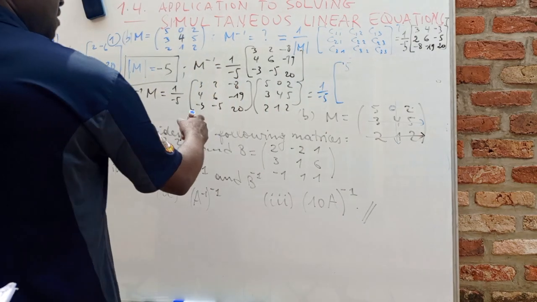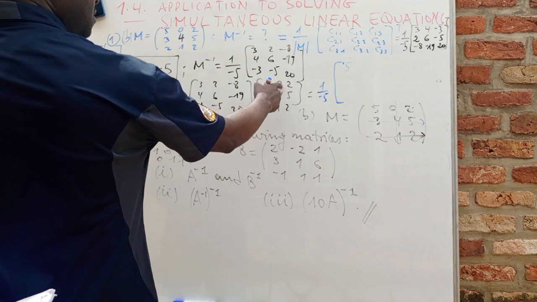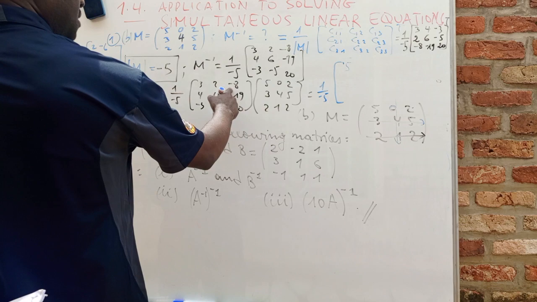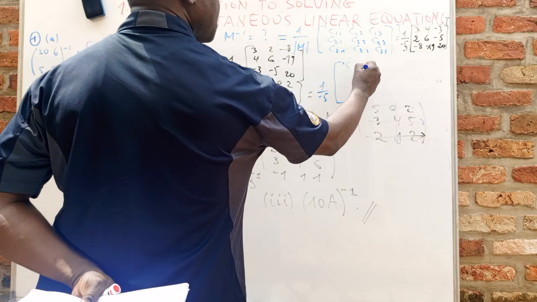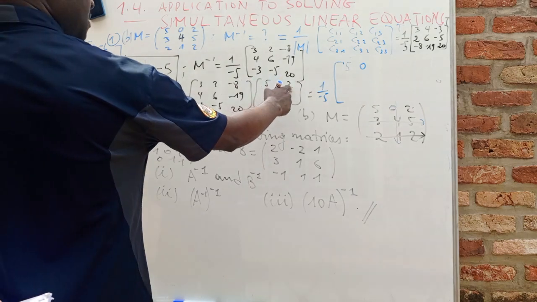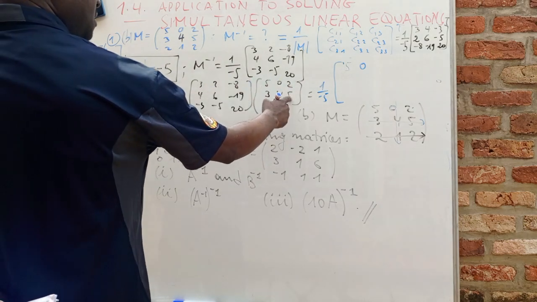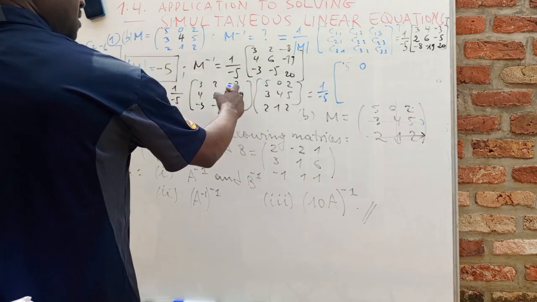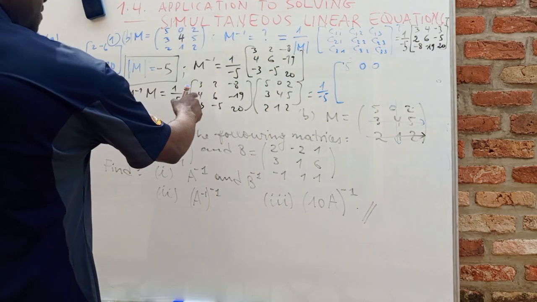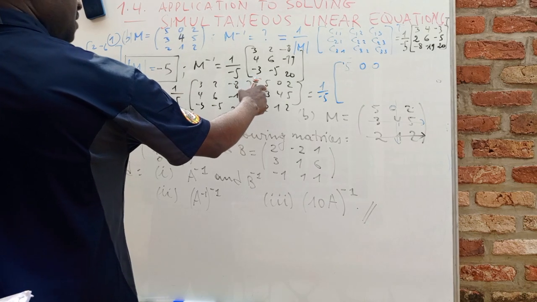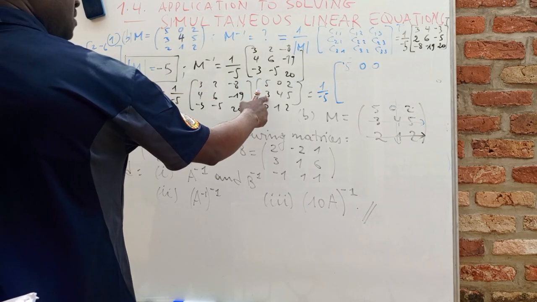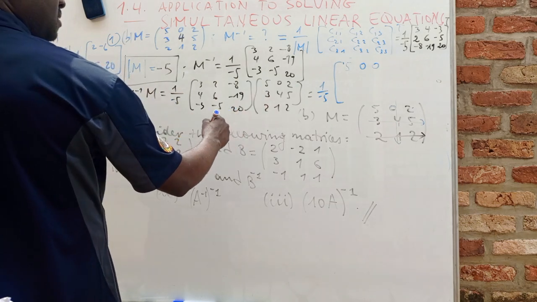That's correct. Now 0 plus 8 minus 8 is equal to 0. Next, 6 plus 10 is 16, minus 16 is equal to 0. Now 4 times 5, it is 20. 20 plus 18, it is 38.